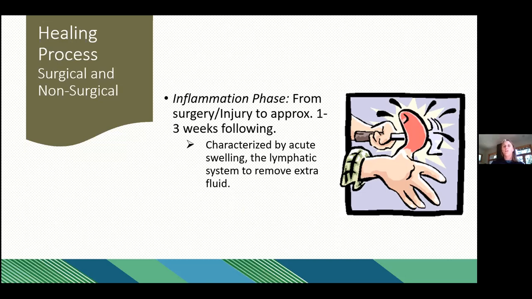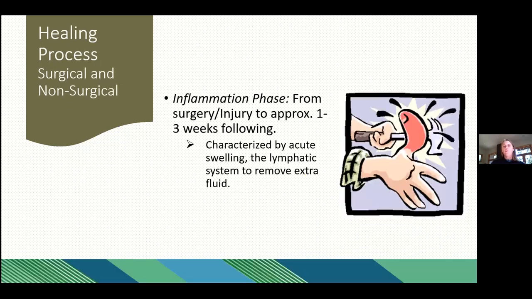It creates scar tissue, it creates its process to be able to heal the area that needs to be addressed. So with that, we need to understand how we can impact the healing process so that you minimize the effects on your motion and mobility.